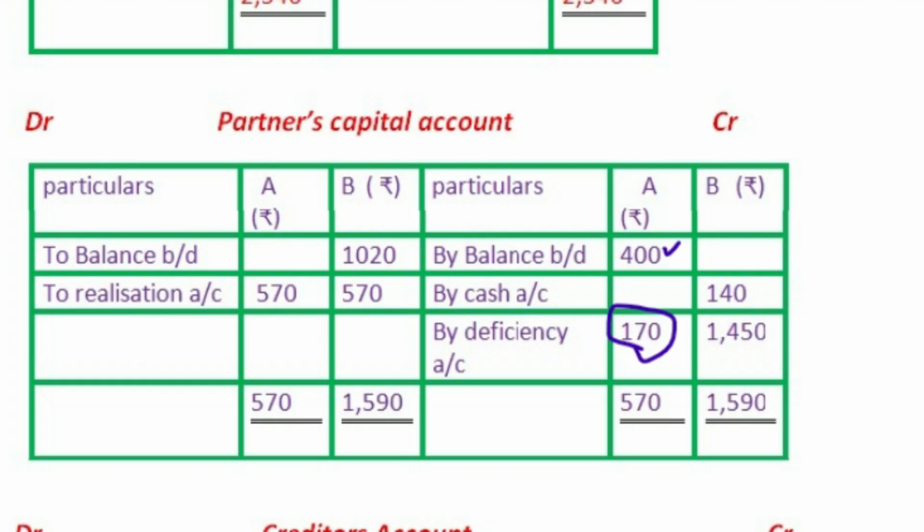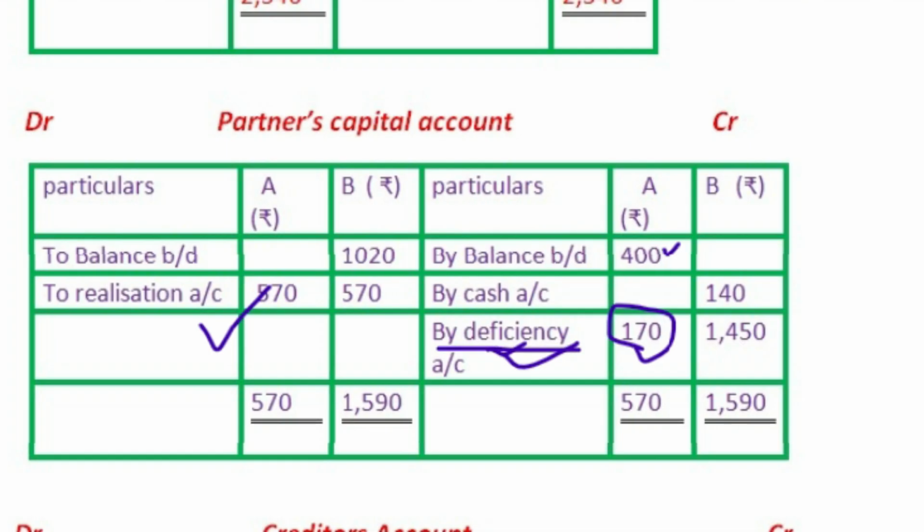As A's capital account has a debit side more than the credit side by 170, this is the deficiency, and A must bring this amount into the partnership firm. Since A is declared insolvent, he has no amount, so he could not bring these 170 rupees, and this 170 rupees shall be transferred to the deficiency account.